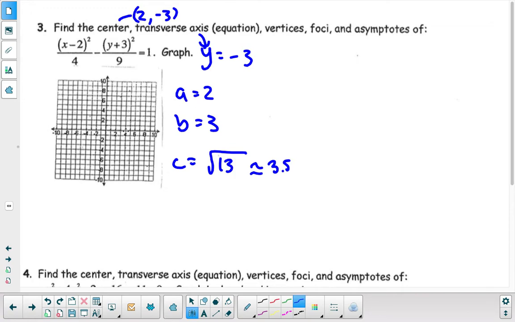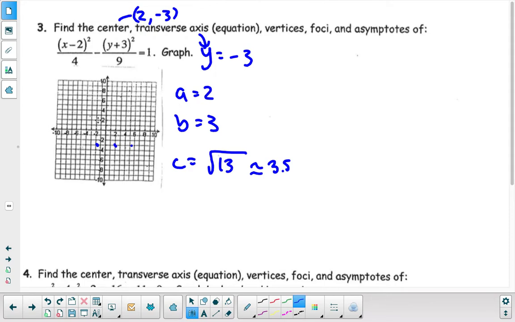All right, so plotting our center 2, -3, and our foci are 3.5-ish away. So 1, 2, 3.5. 1, 2, 3.5. And A is 2 away, so we are running left.